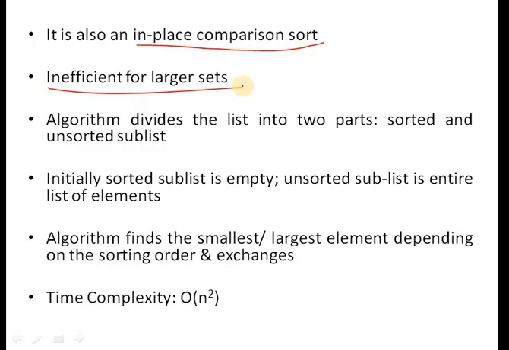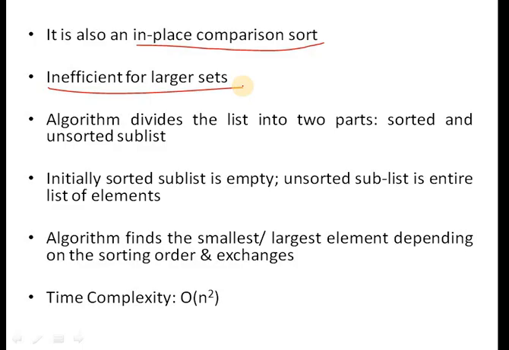Here the algorithm is going to divide the list into two parts, one sorted list and the other unsorted list. Once the sorted list is ready, it will not be touched. Once an element moves to the sorted list, it will stay there till the end, till all the passes get over and the algorithm execution stops.